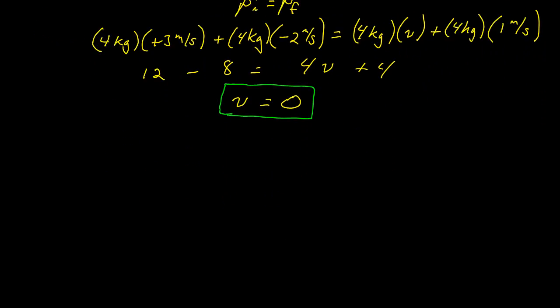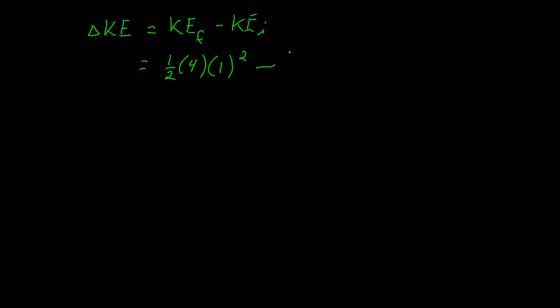All right, we know the velocity. We can now decide what type of collision it was, looking at the change in kinetic energy. So, change in kinetic energy means kinetic energy final minus kinetic energy initial. Kinetic energy is a scalar, so now I don't have to worry about directions or positive or minus velocities. It's just 1/2 times the final mass, 4, times its velocity, 1. The other object isn't moving, so that's the only contribution to the final kinetic energy.